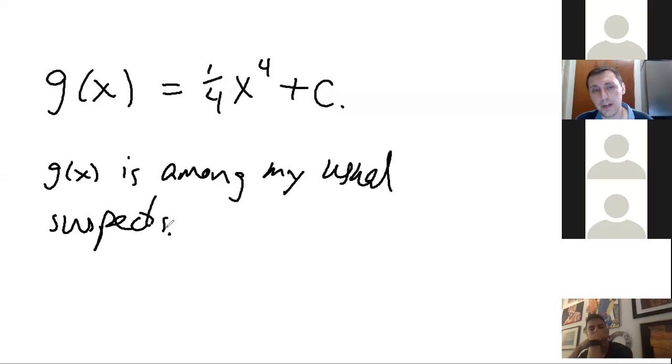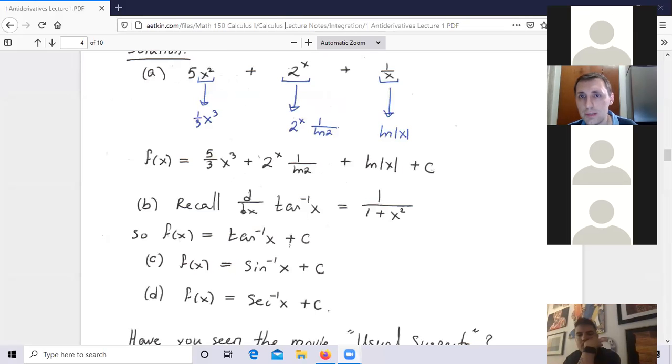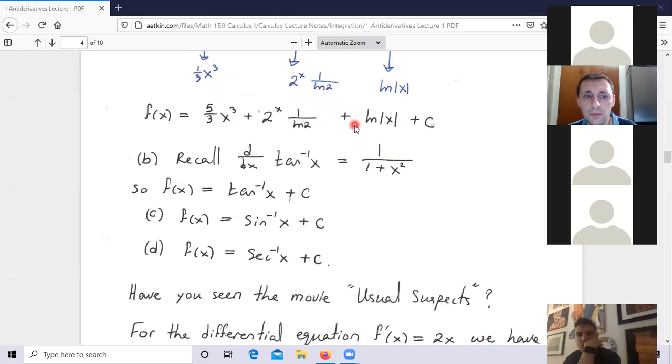There is no other function that will, no exotic functions can be possible. You understand? I know all my possible antiderivatives. I know every single possible function that might have led to the derivative equaling x cubed. Good? And that's going to be extremely useful as I go on through this course. Okay, usual suspect. I need to know all of them so that I'm not making a mistake.